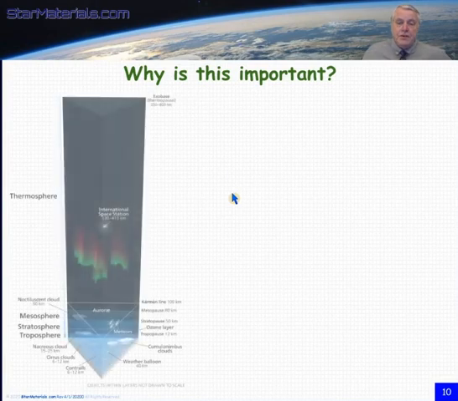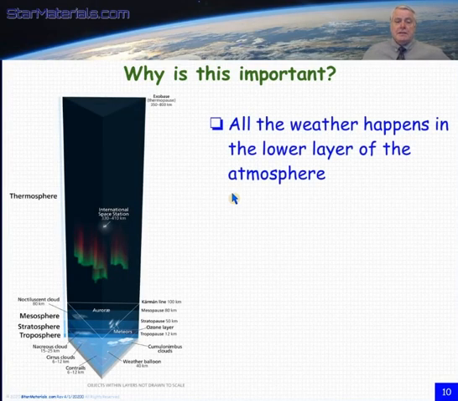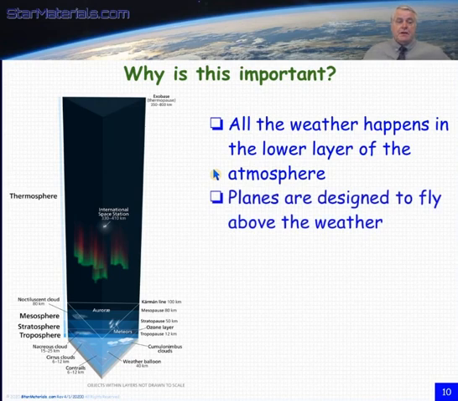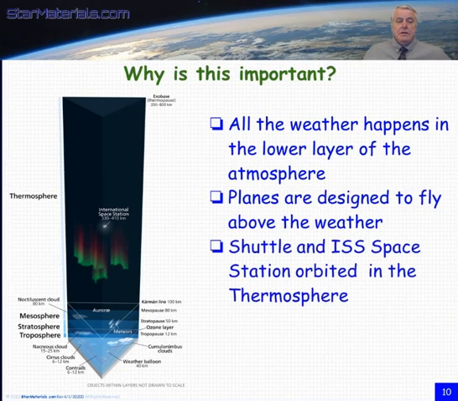So, why is it important to know about the layers of the atmosphere? All the weather happens in the lower layer. Planes are designed to fly above the weather. The shuttle, when it ran, and the space station orbit in the thermosphere.